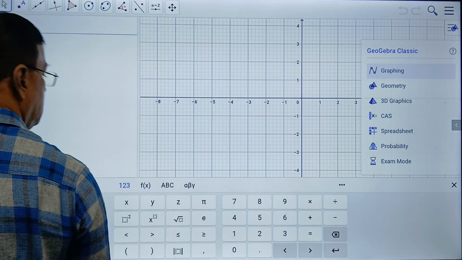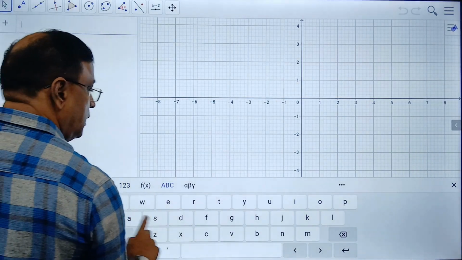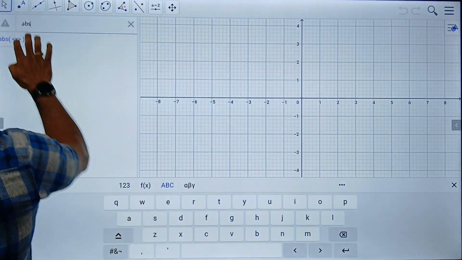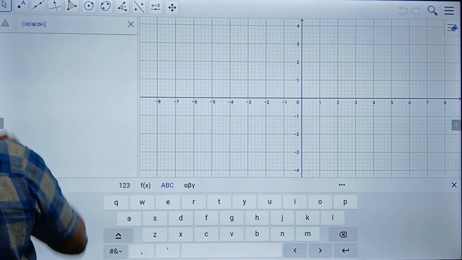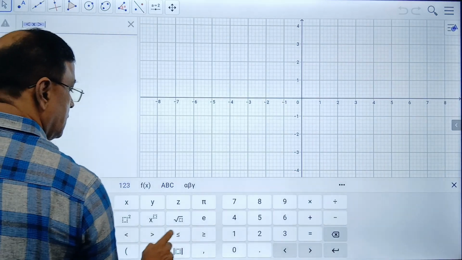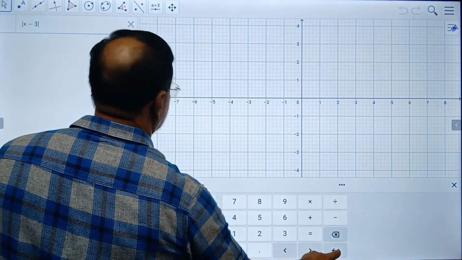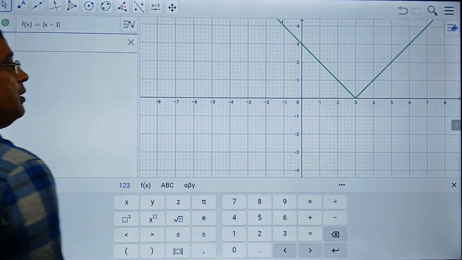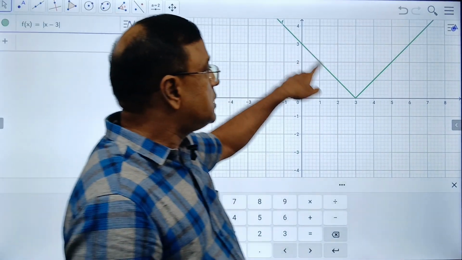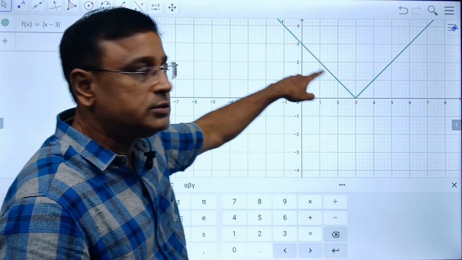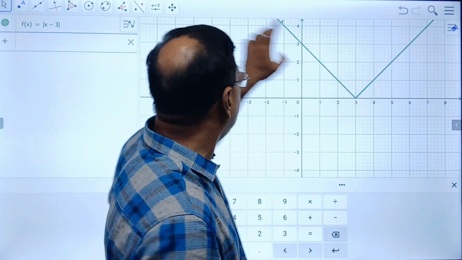Okay. Now let's see the graph of modulus of x minus 3. Look at this graph. Is it continuous? It's perfectly continuous. There is no break at all in the graph.